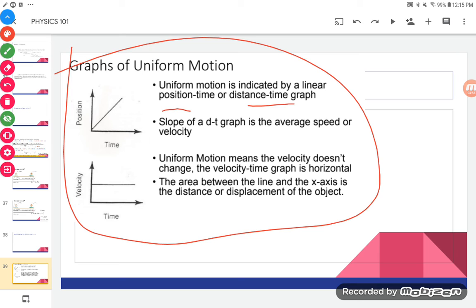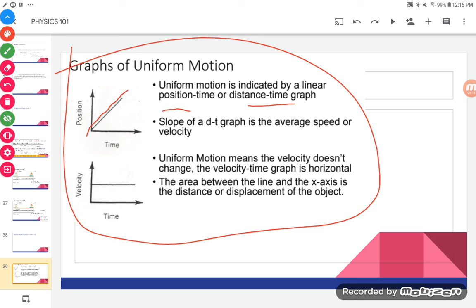Okay, the slope of a distance time graph, so this, okay, is the average speed or velocity, okay? So that's how fast it's going at the time. Uniform motion means that velocity doesn't change and the velocity time graph is horizontal.